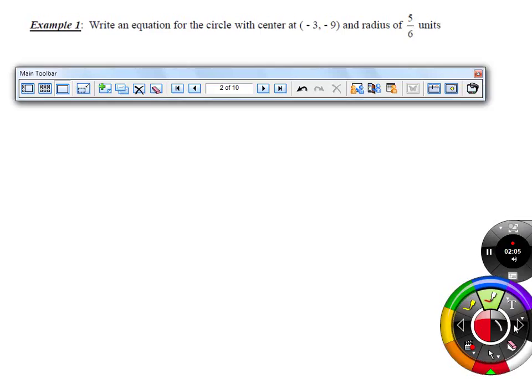All right, so now knowing that, if we were going to write an equation for the circle with center at -3, -9, and a radius of 5/6 units, our h is -3, our k is -9, and our r is 5/6, which means that r squared is going to be 5/6 squared, which is 25 over 36.